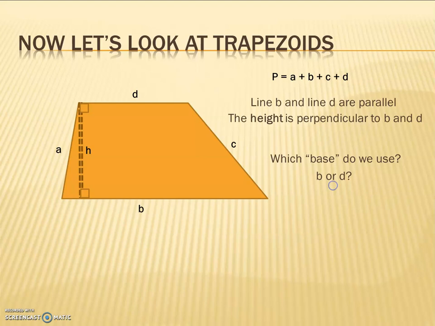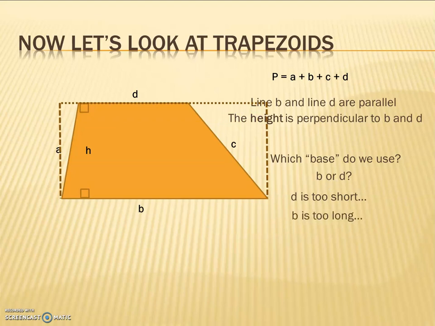If we try using base D, we have this small rectangle, and it's not really the size of the entire trapezoid. If we try to look at base B, well, then that's going to be wider, and that's going to be bigger than the trapezoid. So that one's going to be too long.